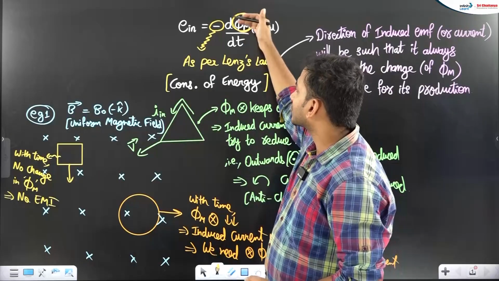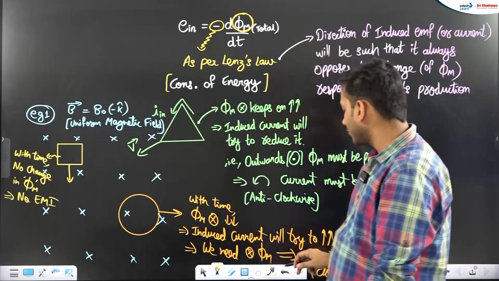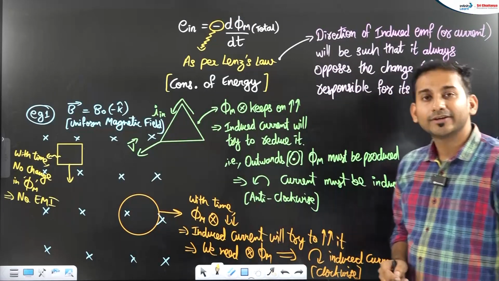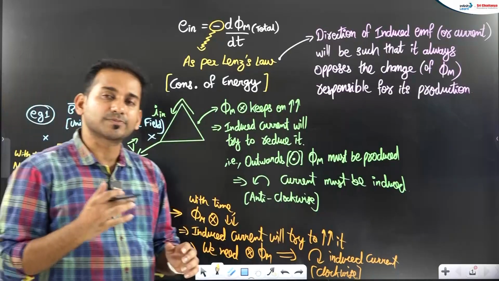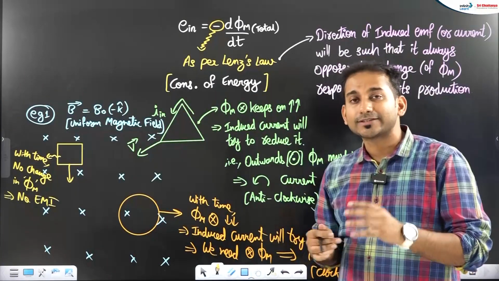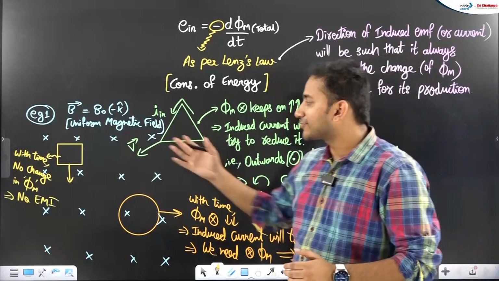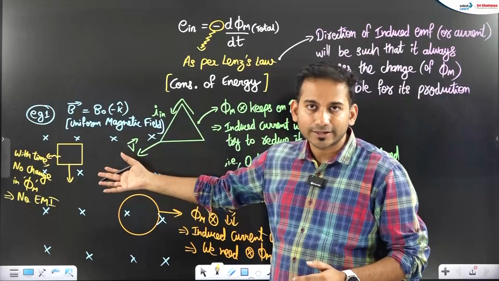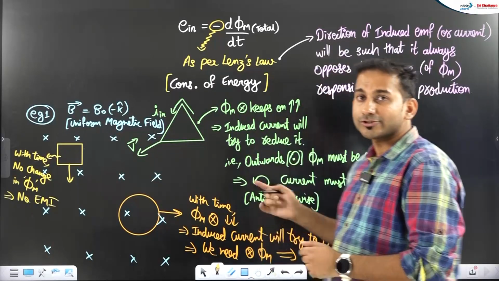If it has become constant, a constant's derivative is 0, there is no induction and hence no Lenz law will come into the picture. Alright. So sometimes the examiner asks you that as per Lenz law determine the direction of induced current, and the answer could be that sir there is no induced current, because if there is no variation in the value of magnetic flux linked with the coil, there is no electromagnetic induction. I hope the logic is clear to you.